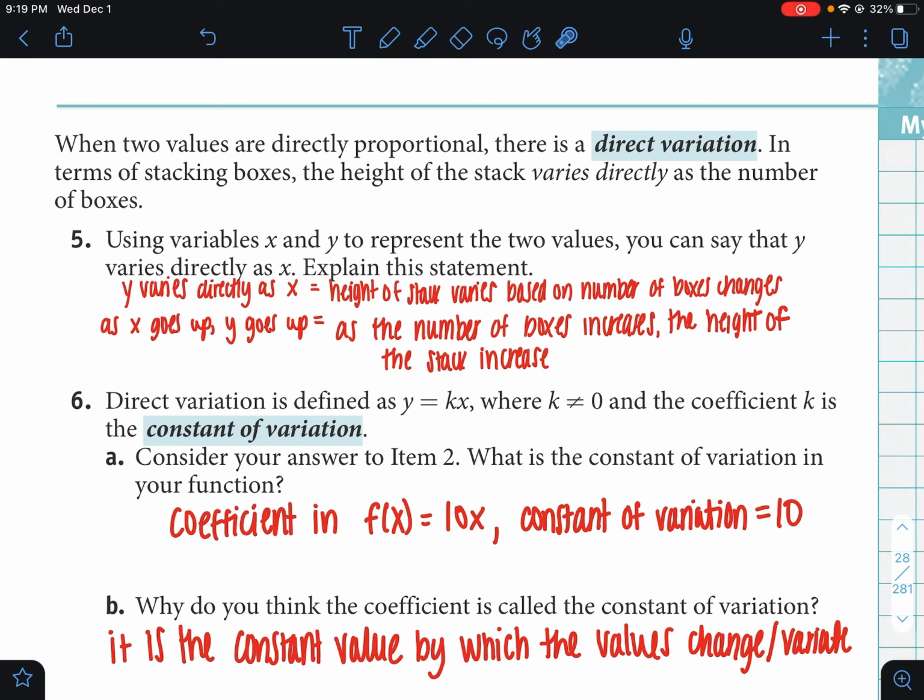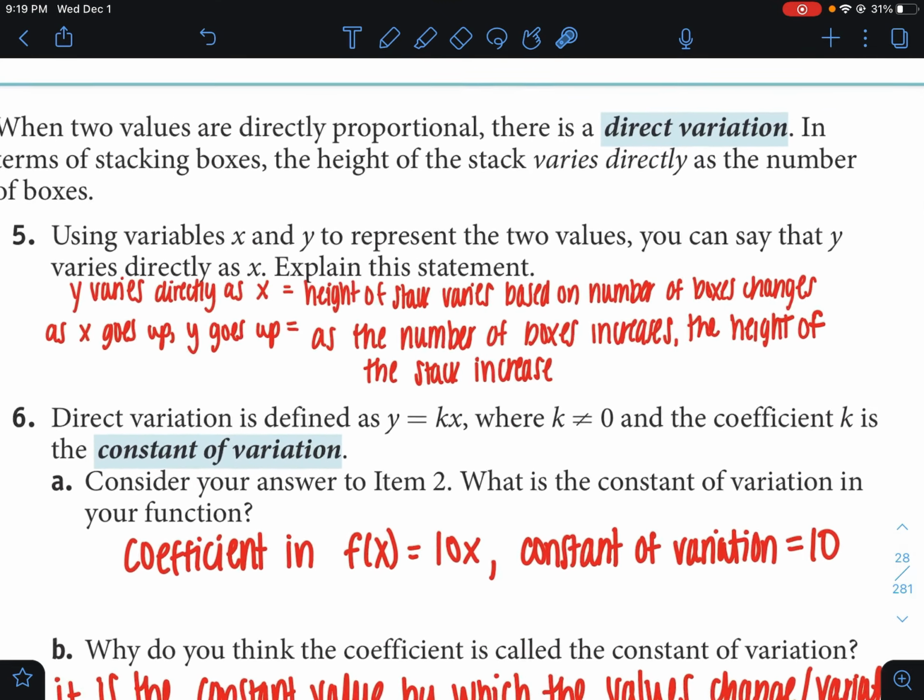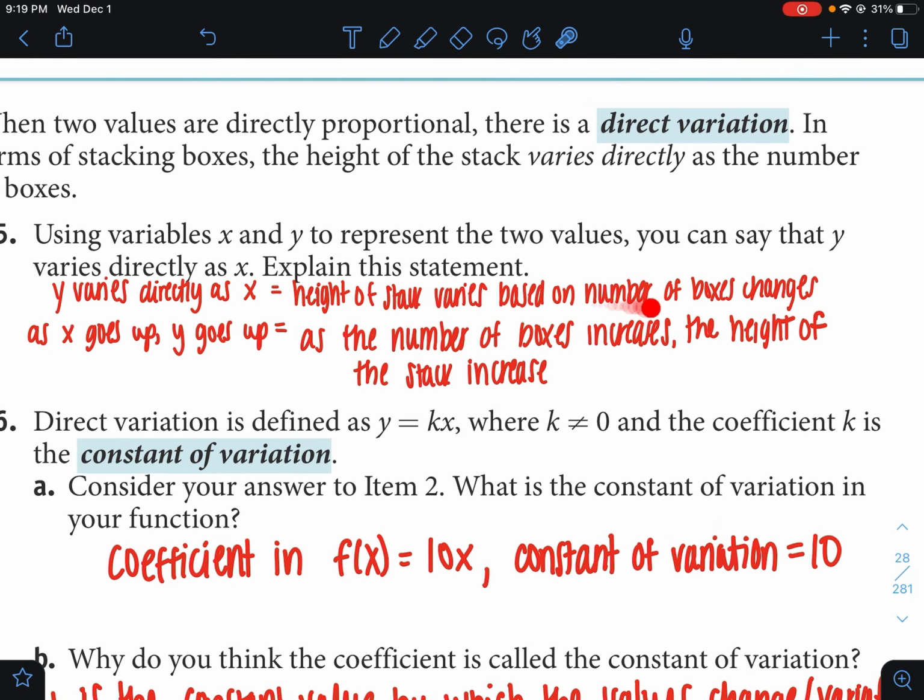There is an obvious and direct relationship, and that relationship is that each box represents 10 inches. Now generalizing it to number 5, using variables x and y to represent the two values, you could say that y varies directly as x, which means the height of the stack varies as the number of boxes changes.